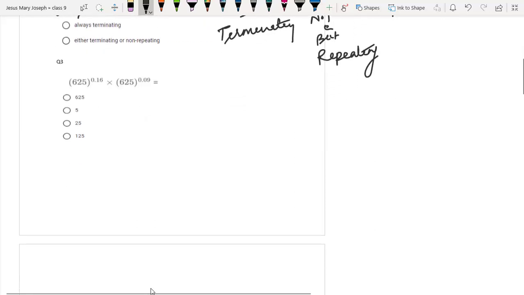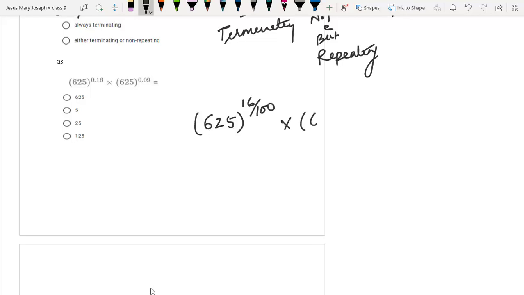Now in this case the power of 625 is 0.16. If you remove the decimal it becomes 16 upon 100, and then we have 625 power 9 upon 100. There are two ways, either you solve these powers separately or you use the concept of exponents and powers.